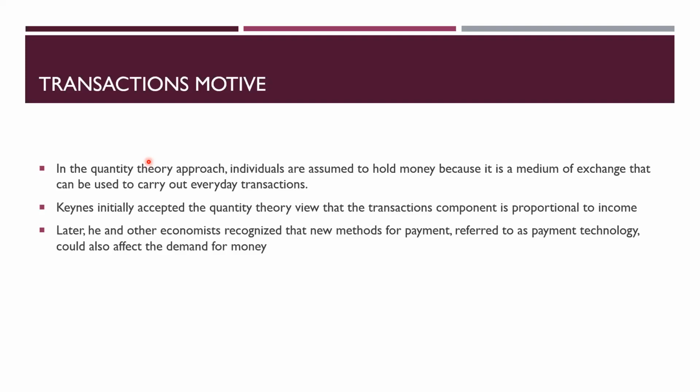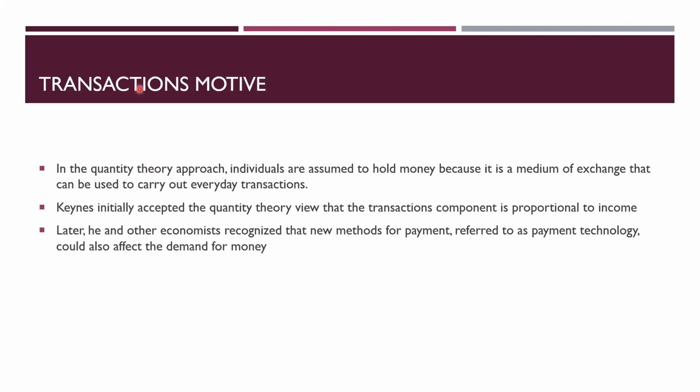Now, due to the rise of internet payments, internet banking, and cell phone banking, people no longer demand money the same way they did in maybe the year 2000. People can now make payments over the internet. They can also make payments using cards. So the demand for cash or money is also affected by those things.